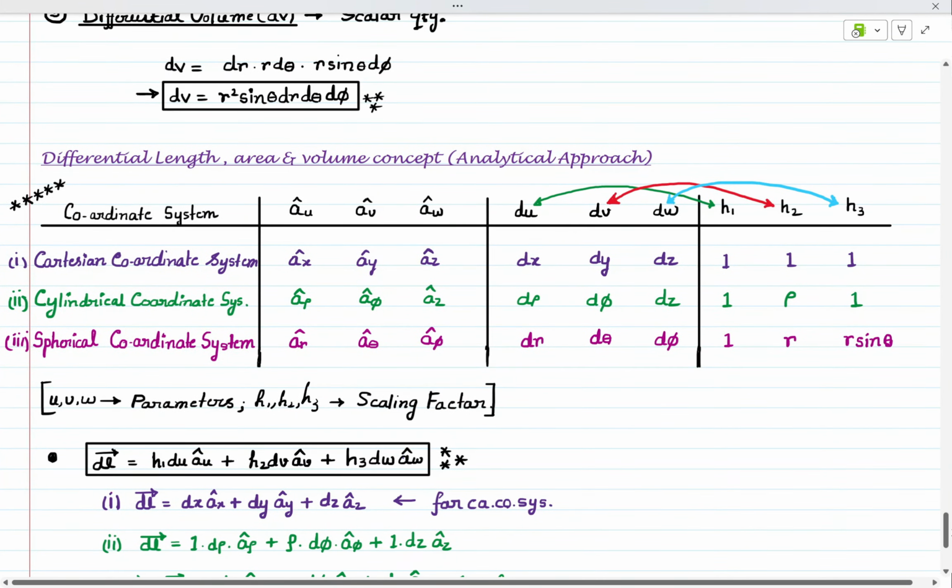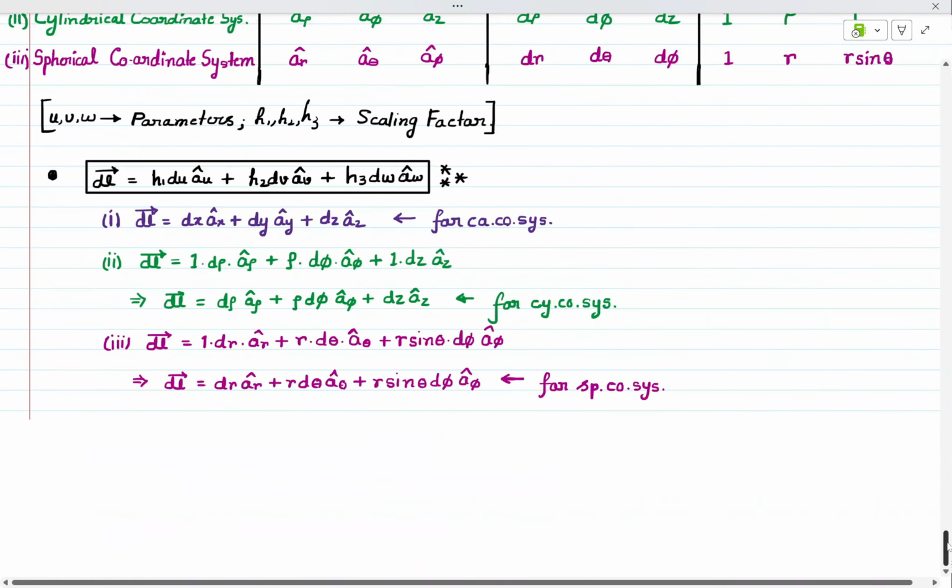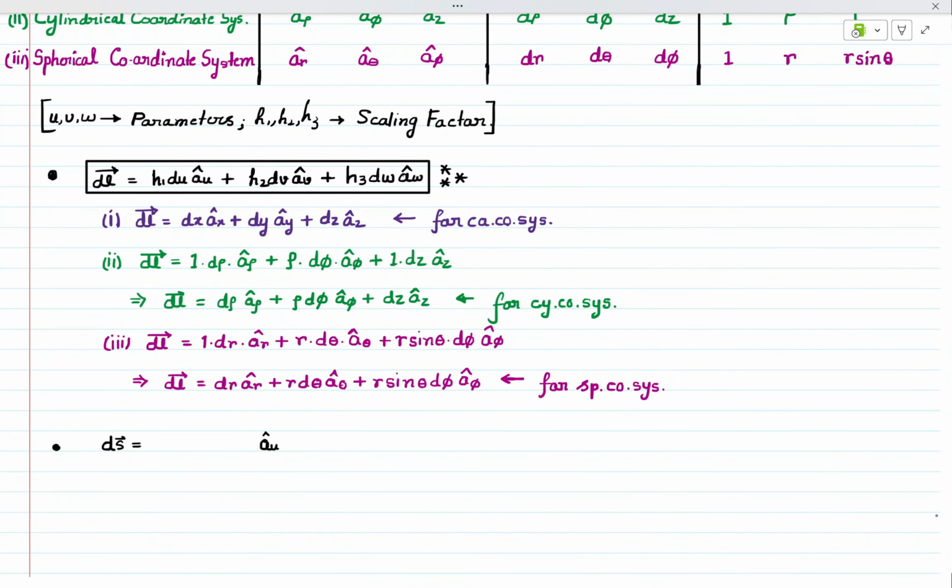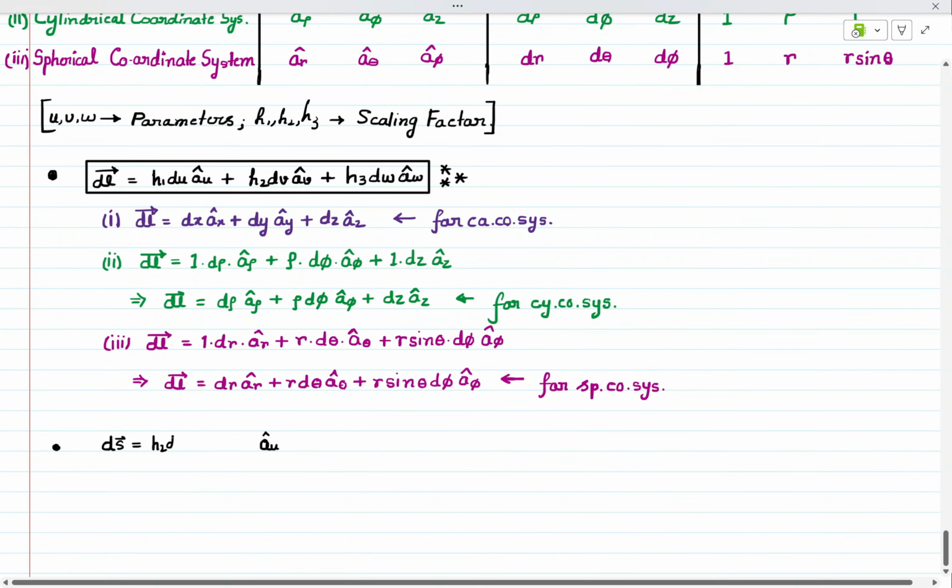That means nothing but H2 into dv and H3 into dw. So I will write it here: H2 dv into H3 dw.